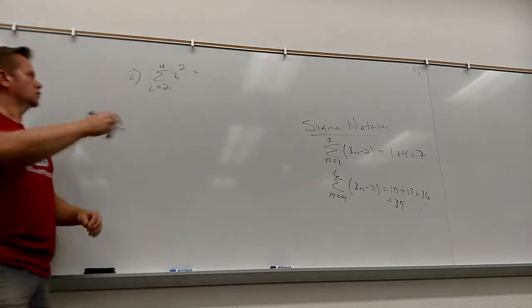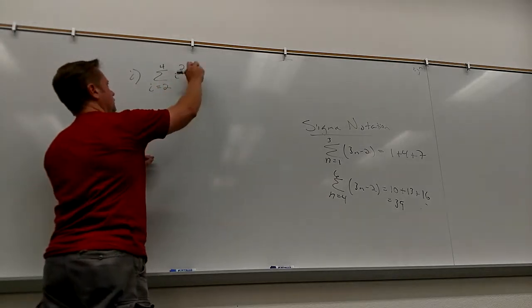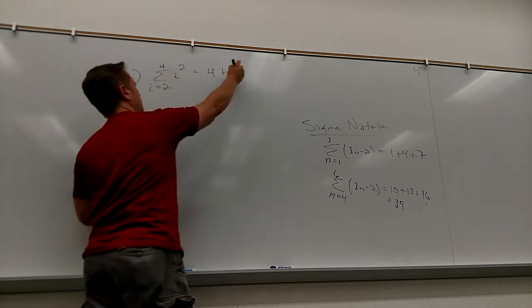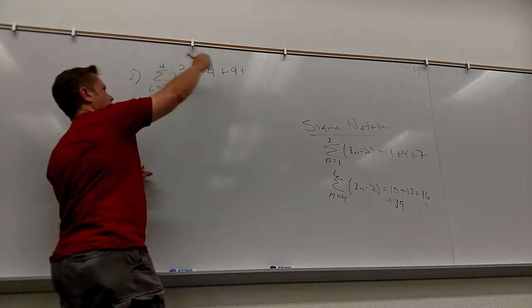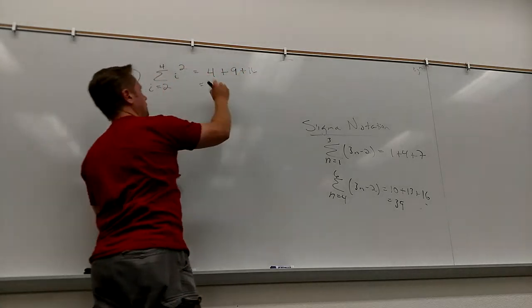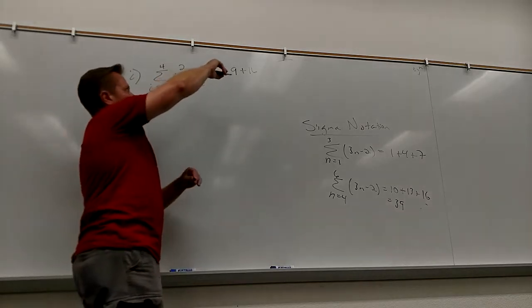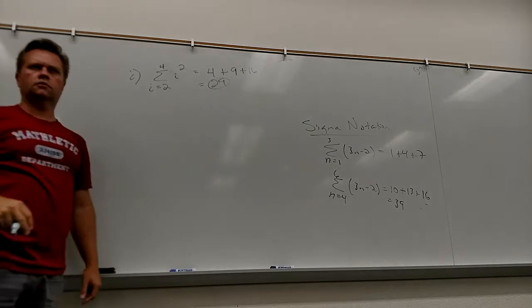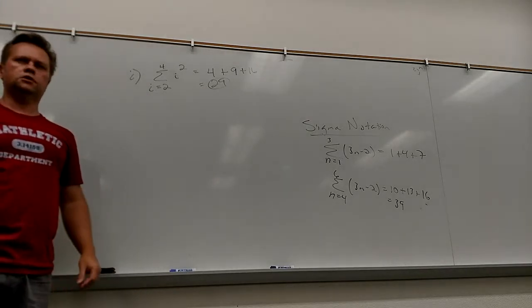So when i is 2, I get 4, plus, when i is 3, I get 9, plus 16. So I'm just going to get those squares, right? 29. Cool. I like it. See, don't make a big deal out of it, right?